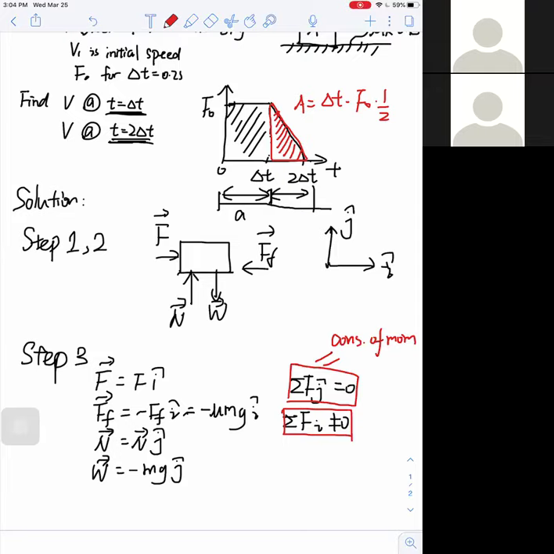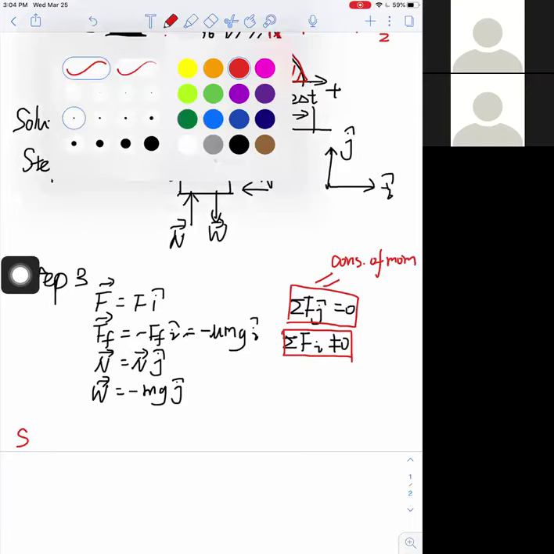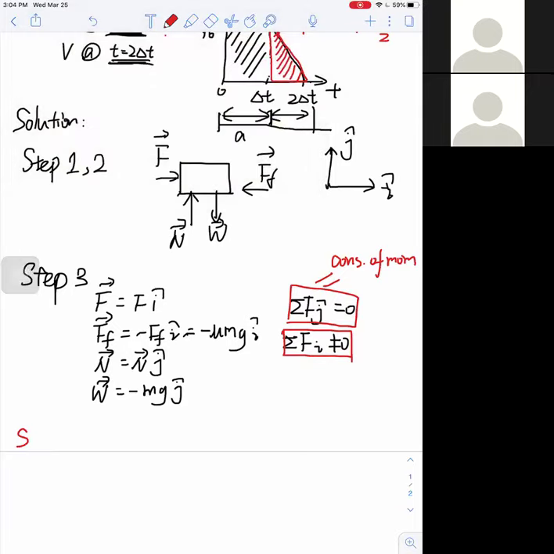Because this block is only moving in the I direction, the I direction is what we care about, and that can tell us more information. So we're going to apply the linear impulse momentum equation in the I direction. Step 4, apply linear momentum equation in the I direction.